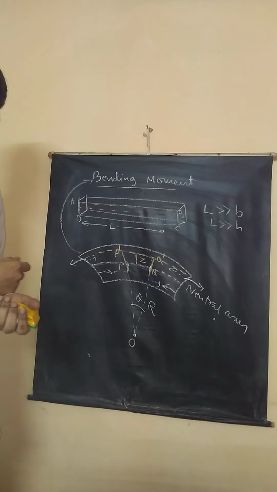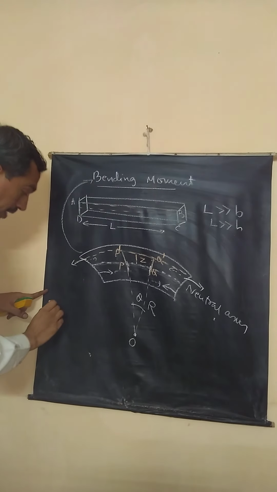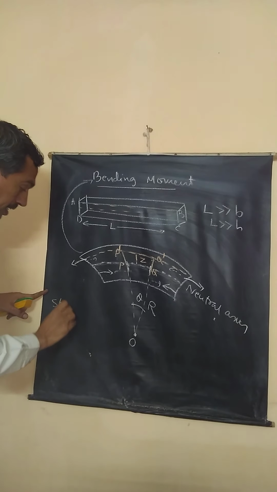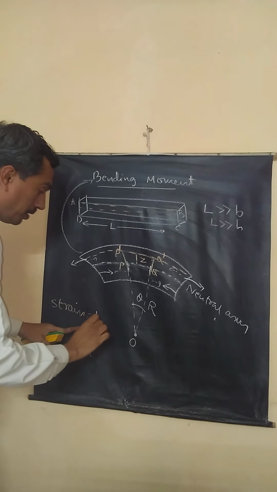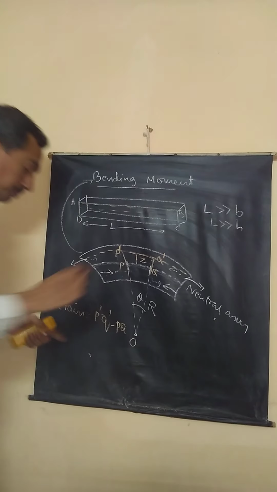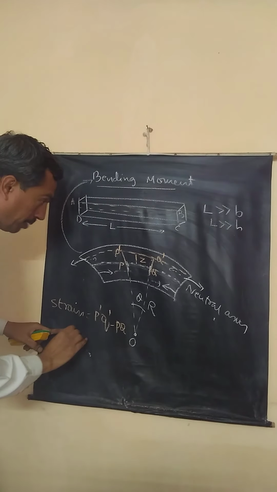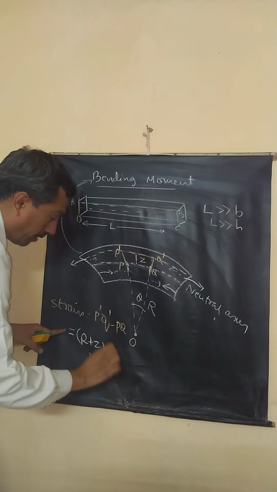That gives us the longitudinal strain. So in this case we can calculate strain, it is nothing but P prime Q prime minus PQ. P prime Q prime is (R plus z) into theta.